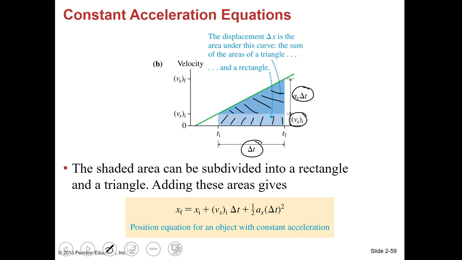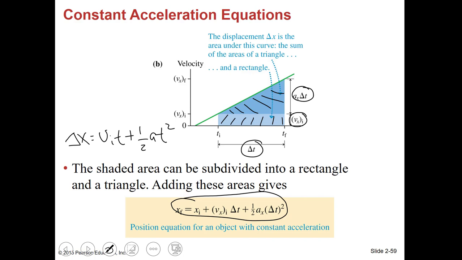You could rearrange the equation a little bit and come up with our second kinematics equation. I usually write this kinematics equation like this: delta x equals initial velocity times time plus 1/2 a t squared. It's the same thing. They just have x final and x initial separated. I've combined them together. Good. So that'll be our second kinematics equation.